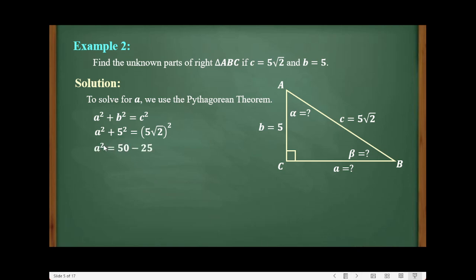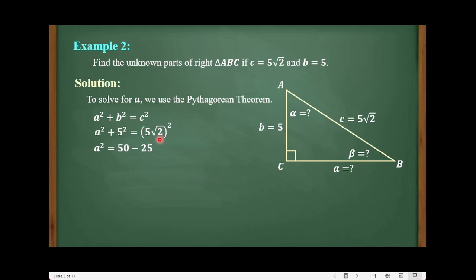And isolating a squared, we transpose 5 squared to the right, that will give you 50 minus 25, because we transpose this term from left going to the right, and that is your minus 25.